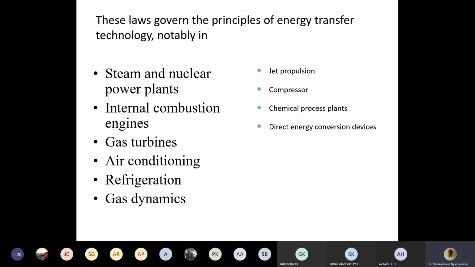Basically, an IC engine converts one form of energy into another form of energy. It converts the chemical energy in the fuel, fossil fuels, petroleum products like gasoline and diesel. They have some energy stored in them. How is it converted? First, there is a chemical reaction.